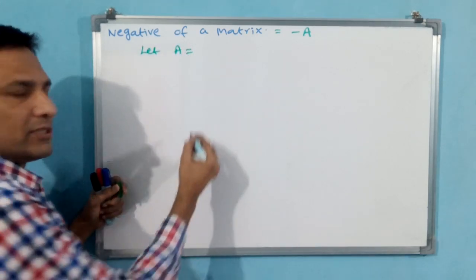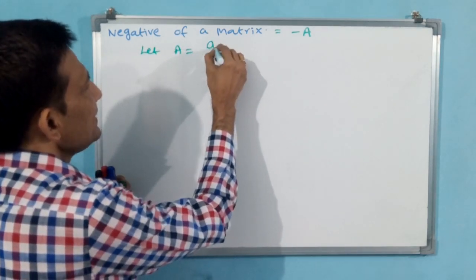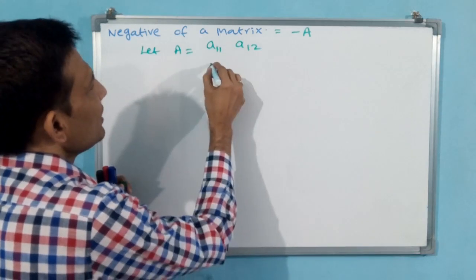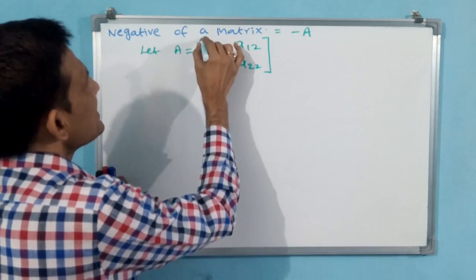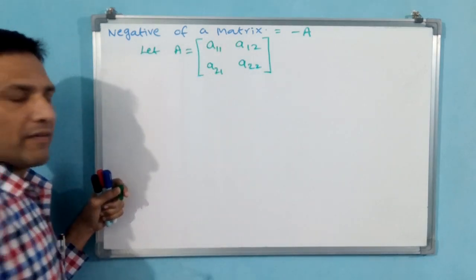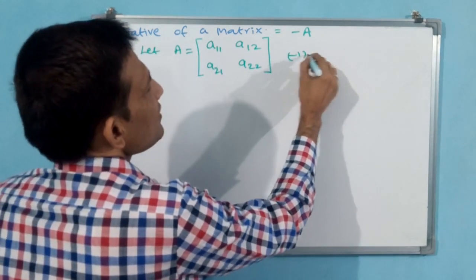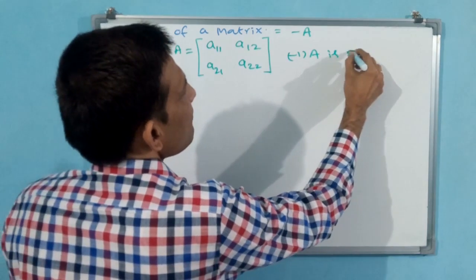Let A be a 2 by 2 matrix: a11, a12, a21, a22. Minus 1 times A is the negative of the matrix.